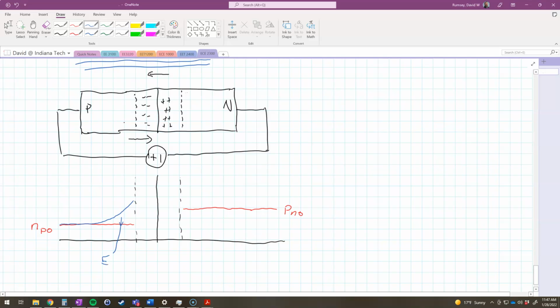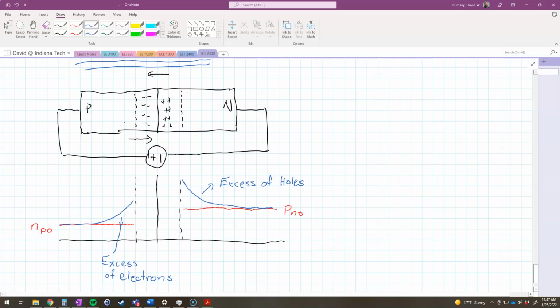And similarly, I will have a similar behavior because of the electric field where I will get an excess of holes. And that's again because of the direction of the electric field.